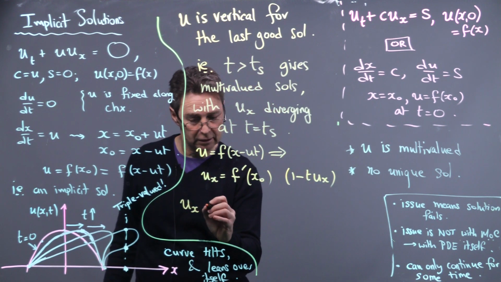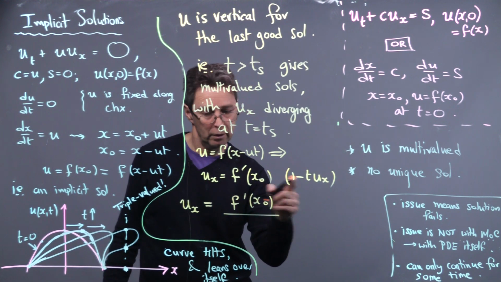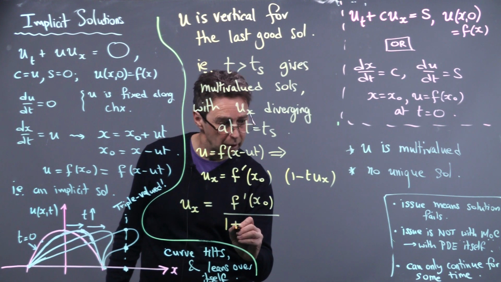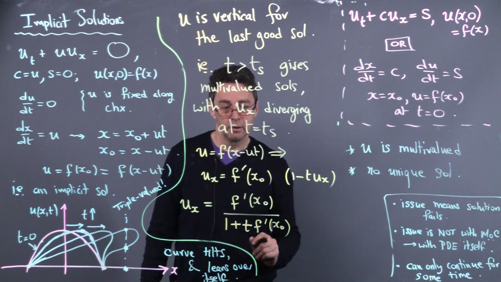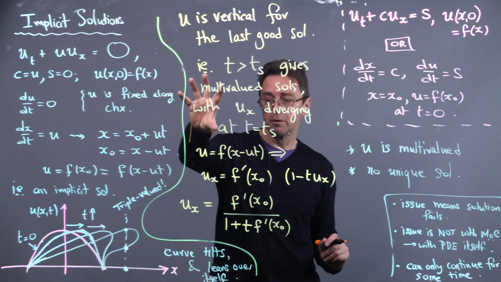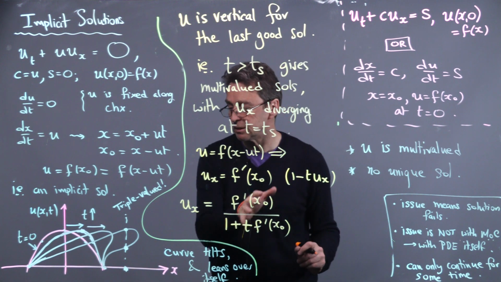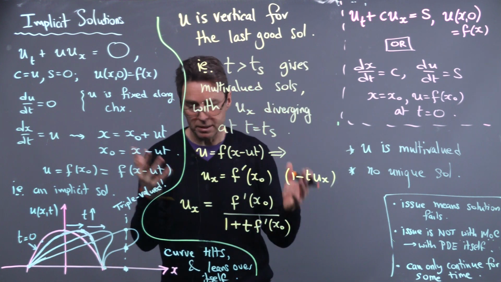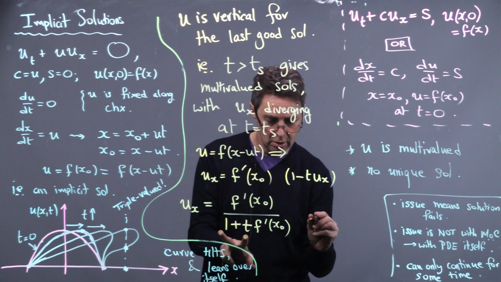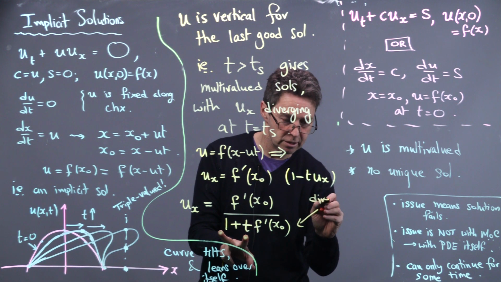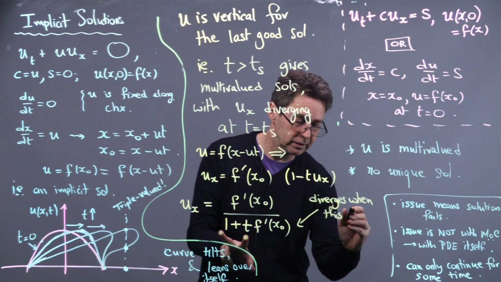That's ux equal to f primed of x0 divided by 1 plus t f primed of x0. Okay, so I'm looking for a moment when this thing diverges. Well, f was the initial condition, f primed is the slope of it. Right here, there's nothing wrong with the slope, that's not going to diverge. What may diverge is the fact that this denominator could vanish. Right? So it diverges when this vanishes.